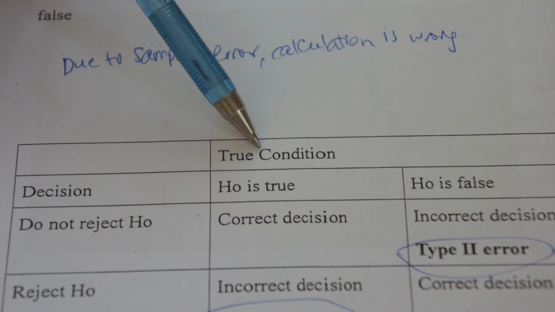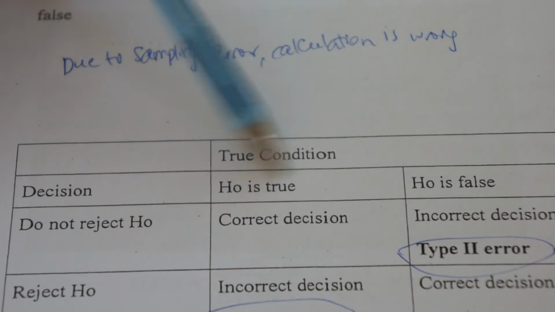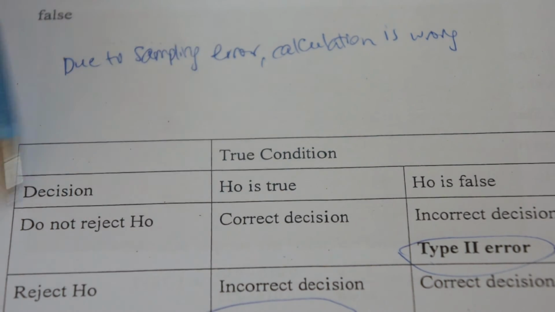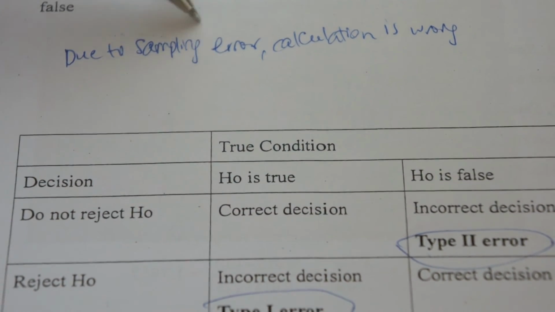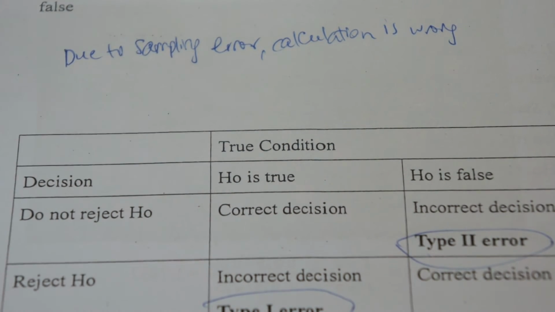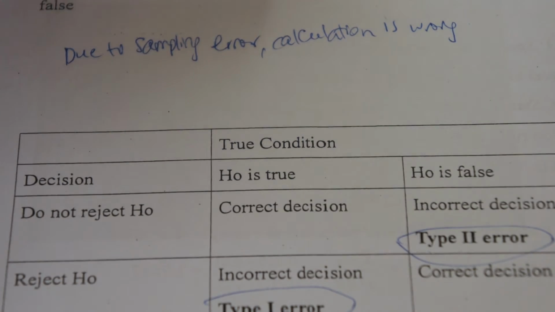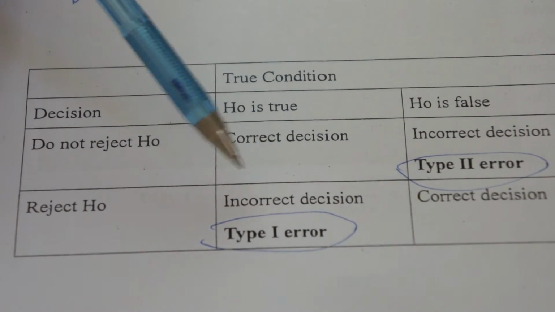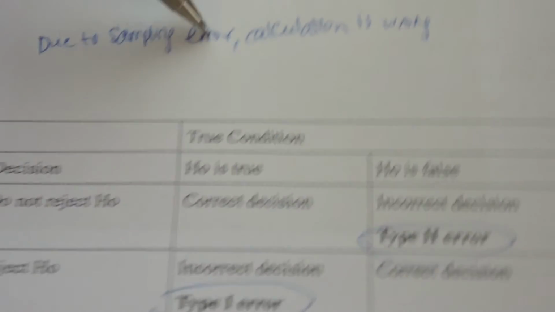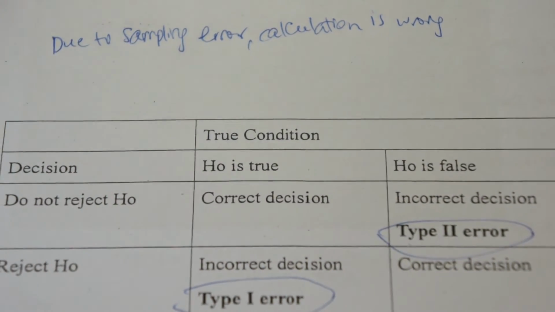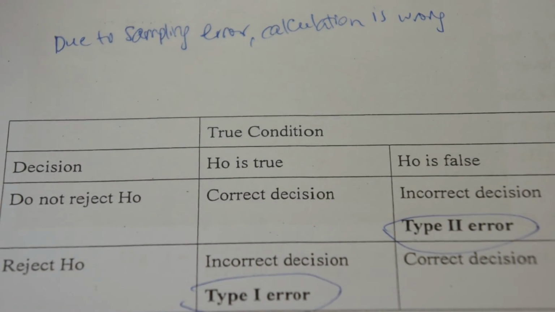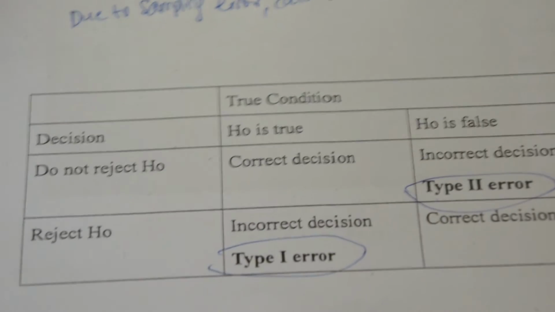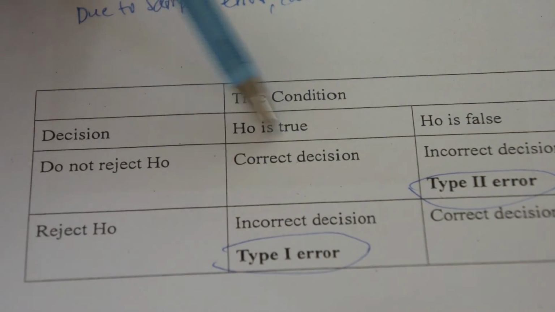Sometimes the true condition is that the null hypothesis should be true. So if we do not reject the null hypothesis, we make the correct decision. However, maybe you pick up some sample which has a bias, 即係有偏差啦, so the numbers you calculate make you reject the null hypothesis, and therefore you have made a wrong decision due to sampling errors. Maybe you calculate the sample mean incorrectly, or you calculate the sample proportion incorrectly, so that makes you reject the correct statement.